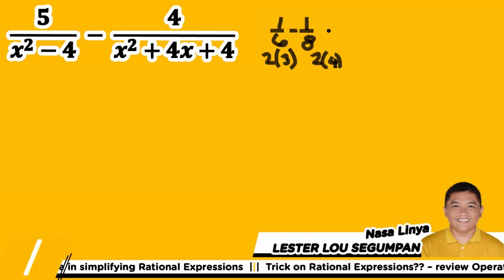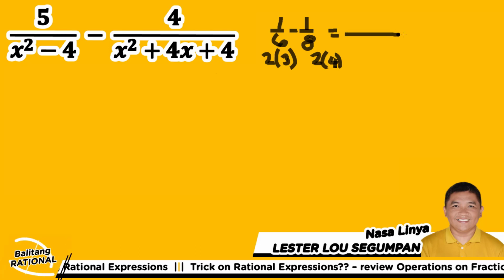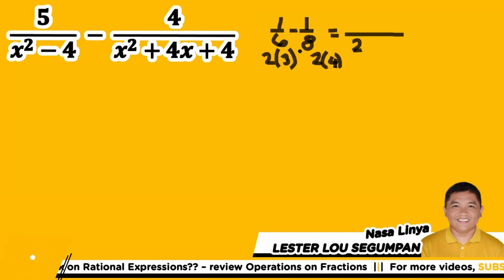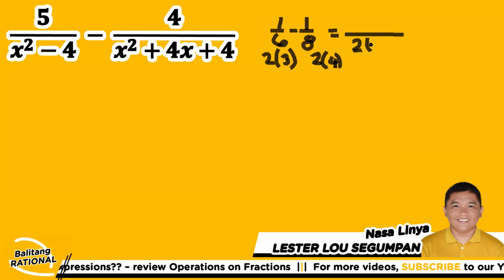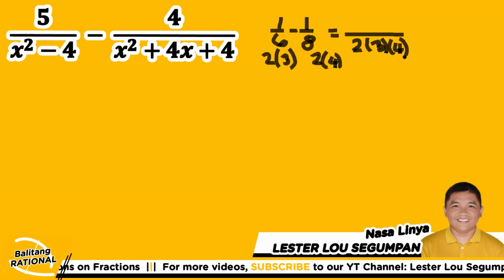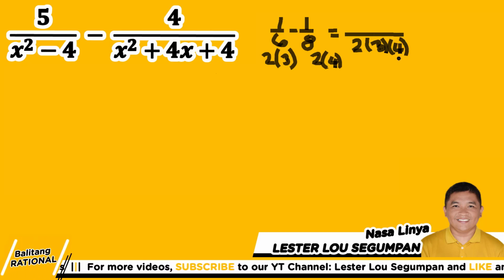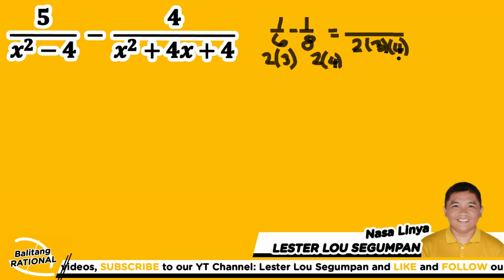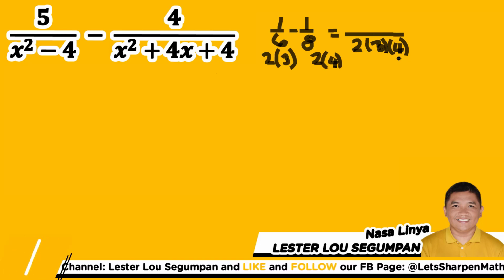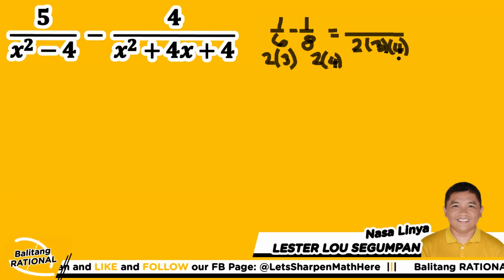The least common denominator of 6 and 8 will use 2, and since 2 repeated, we only need to write 1, 2. Then we place here 3 and 4. Okay? So we have 2 times 3 times 4. The LCD for these two fractions ay 24 po, di po 48. Pagkatapos nito, we can now use this to solve the item later.